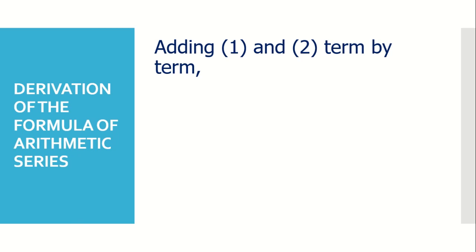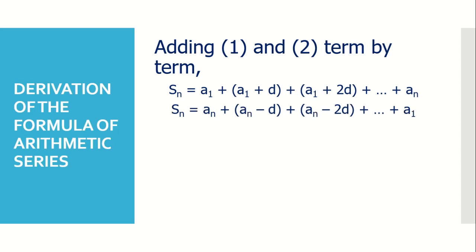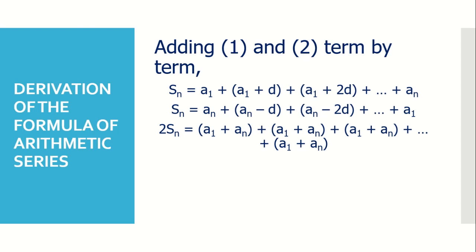Adding the first and the second equation term by term, we have S sub n equal to a sub 1 plus a sub 1 plus d plus a sub 1 plus 2d until a sub n. The second equation is S sub n equal to a sub n plus the quantity a sub n minus d plus the quantity a sub n minus 2d plus until a sub 1. So we have S sub n plus S sub n equal to 2S sub n. A sub 1 plus a sub n is equal to a sub 1 plus a sub n.